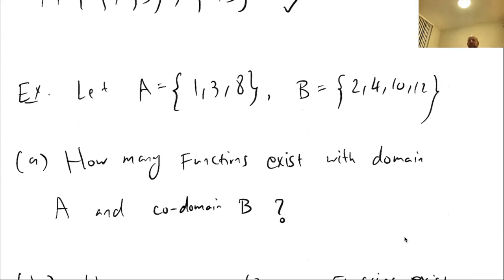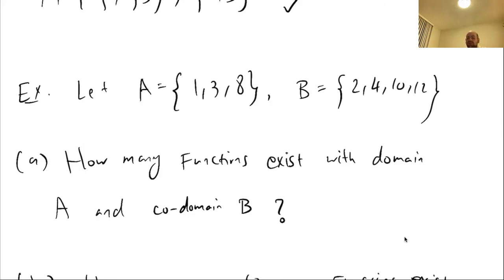There is no problem. If any function is acceptable, then it's okay to have 2 occurring as an output twice. So you still have a function.